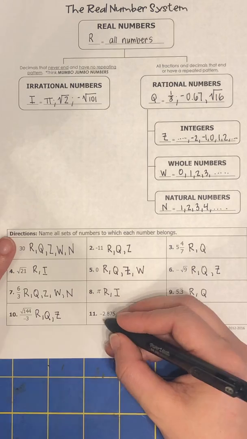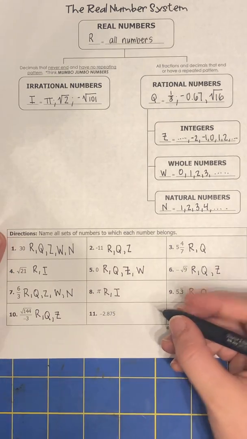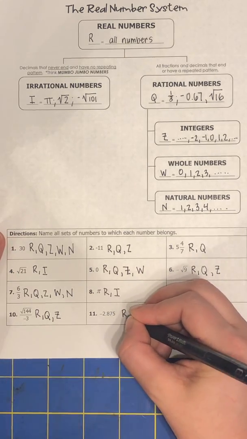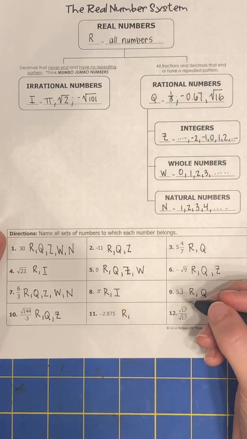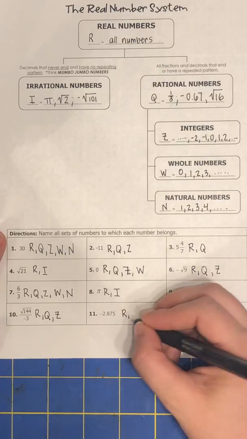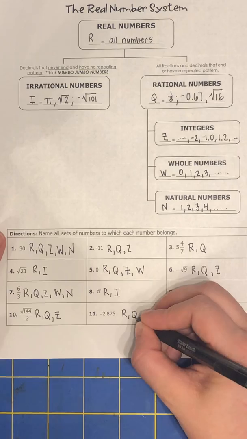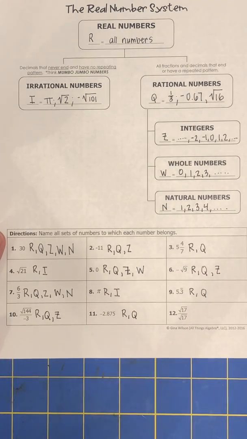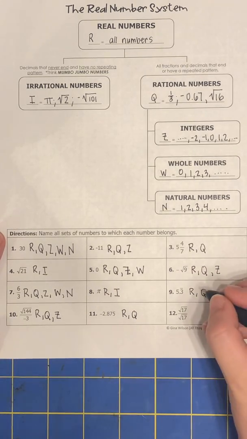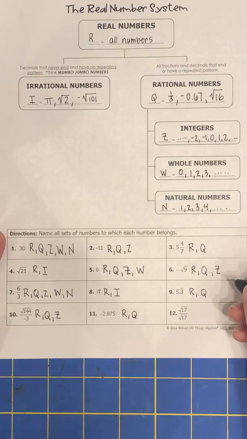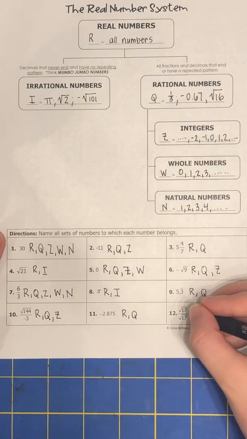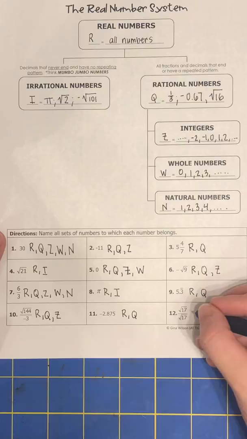Number 11, I have -2 and 875 thousandths. So again, I know this is a real number, and it is a terminating decimal. So it is a rational number. And then number 12, I have a square root of 17 over the square root of 17.